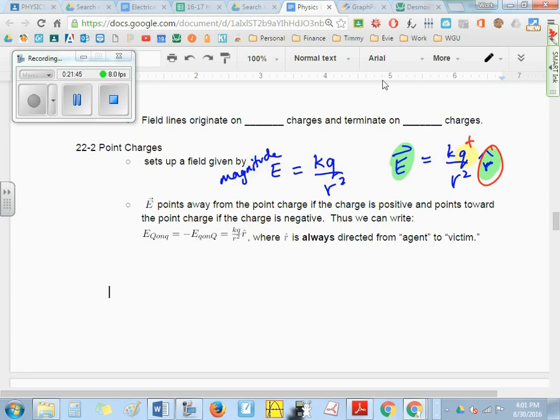So because there's a lowercase q there, you can just think of this as little q's charge. So little q is emanating a field. Let's say it's positive. And then out here there's a point, right? That blue dot is going to feel the presence of Q, right?